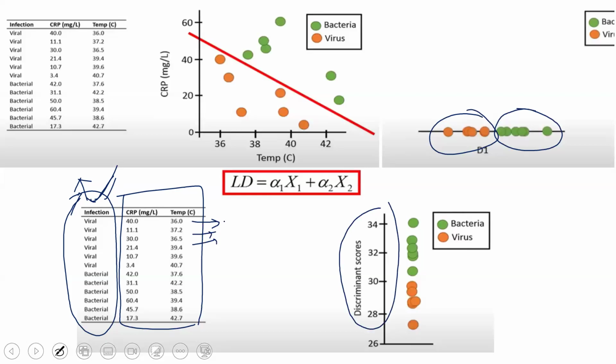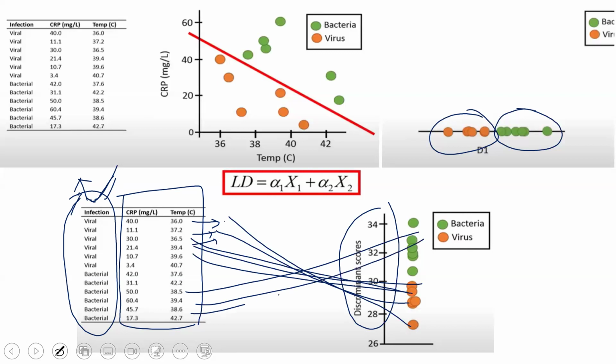If you calculate the discriminant score for this point, it falls here. If you calculate it for this one, it falls here. Every point falls somewhere. The discriminant scores of every point look like this, and for the bacteria they look like this. When we plot that, we were able to actually differentiate the data. So now the main goal is to find this particular equation that has the capability to separate the classes, and also to find a new dimension, which is a linear combination of the original dimensions.